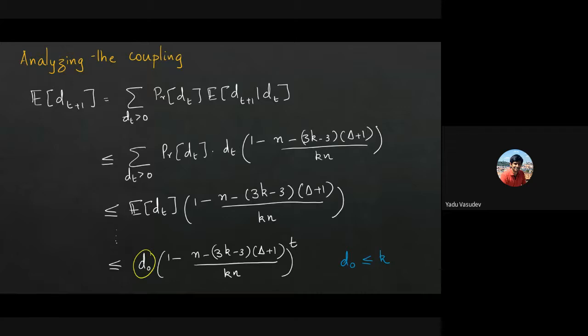So the symmetric difference xt minus yt can be at most k, right? Therefore, after t steps, the expected size of dt plus 1 is given by this term where d0 is at most k, so you can replace it as actually k. Any questions so far?